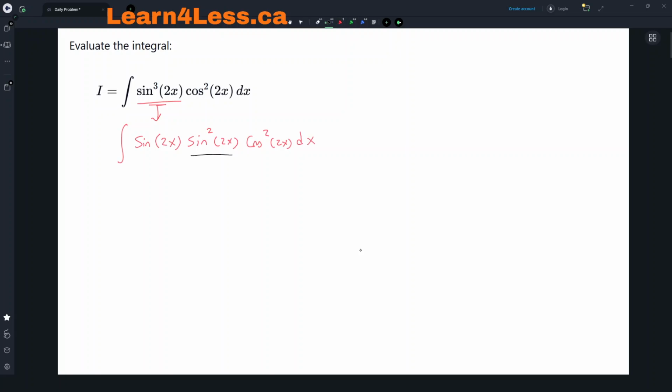And for the even part created here, we will use the identity that sine squared of x plus cosine squared of x equals 1, or sine squared of 2x plus cosine squared of 2x would be 1. So from here, we can see that sine squared of x is basically 1 minus cosine squared of x.